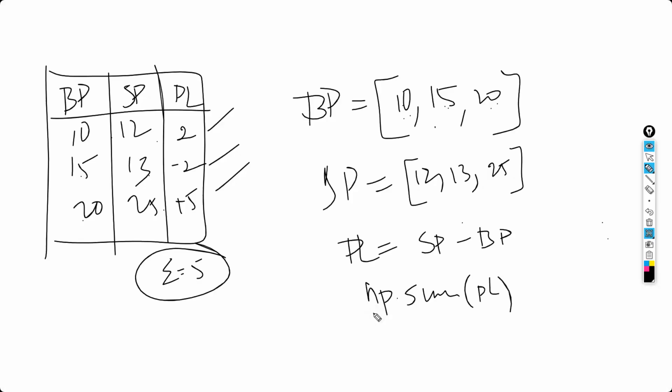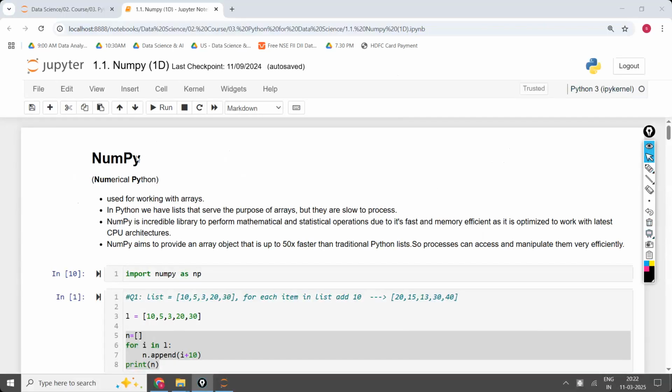NumPy applies the for loop by default, so first it will give the output 2, minus 2, 5, and the sum it will give as 5. The sum adds automatically. Are the points clear? It is applying the for loops automatically.